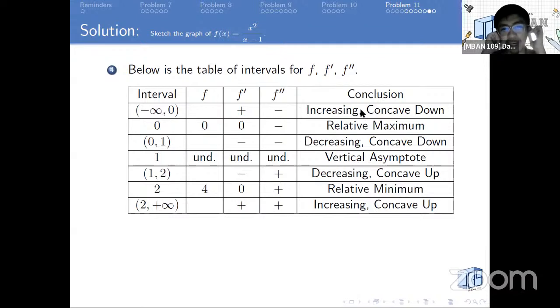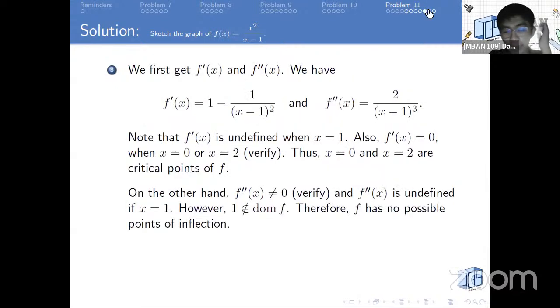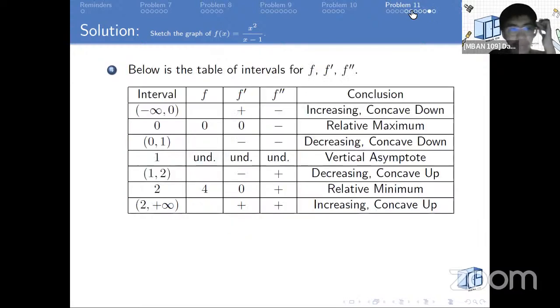Then we have f double prime. So ulit, we will use the interval negative infinity to 0, plus x equals negative 1. So f double prime of x equals 2 over the cube of x minus 1.